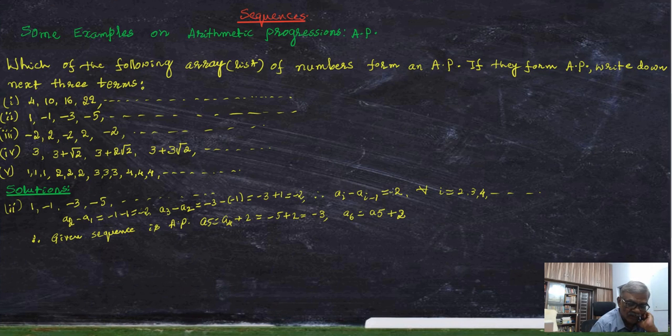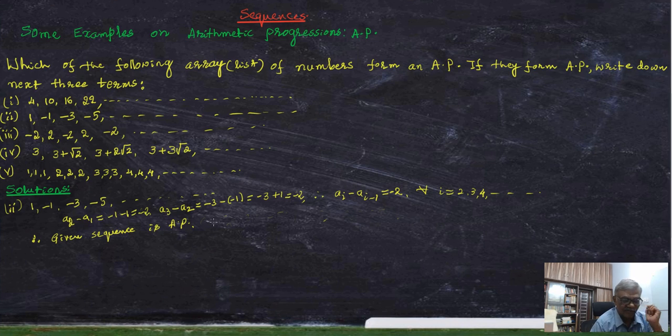And therefore, Ai minus Ai minus 1 is minus 2 only. So minus 2 is a common difference, and therefore the given sequence is an arithmetic progression.